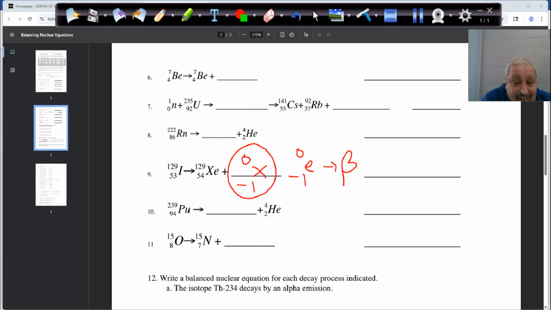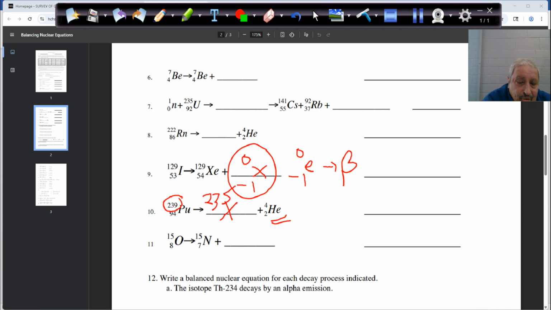So, number 10. We have alpha radiation coming out. That's alpha radiation, a helium nucleus, 4 atomic mass, 2 atomic number. So what will be our X here? What will be the atomic mass on the top? 235.